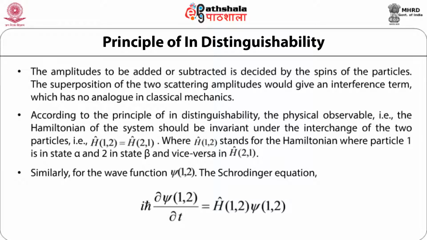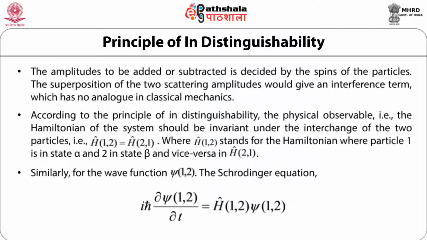So in quantum mechanics, if you write down the Hamiltonian of the system, even if you interchange the two protons, that is, the proton which was earlier acting as the projectile is now made to act as the target, while the proton that was earlier acting as the target is now made to act as the projectile, your total Hamiltonian of the system would remain unchanged. That is, it would be invariant.